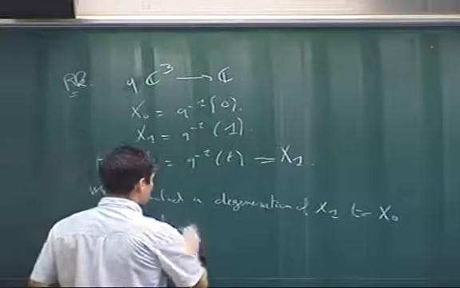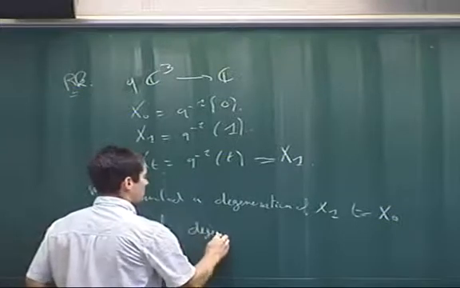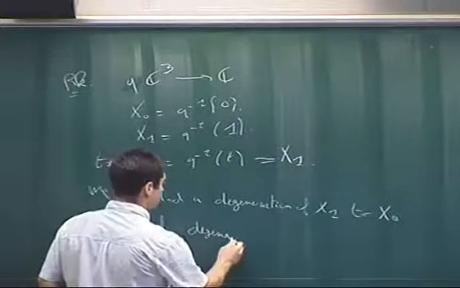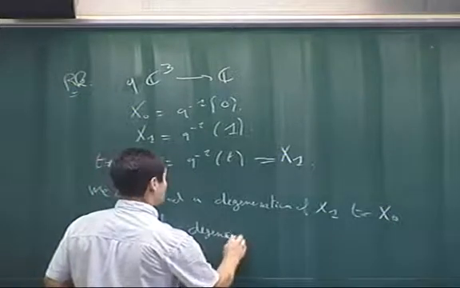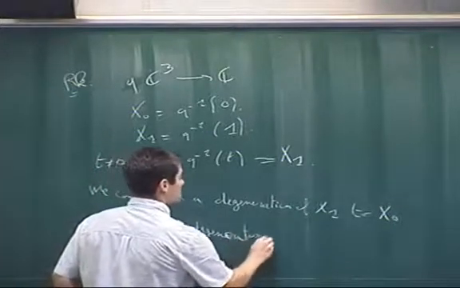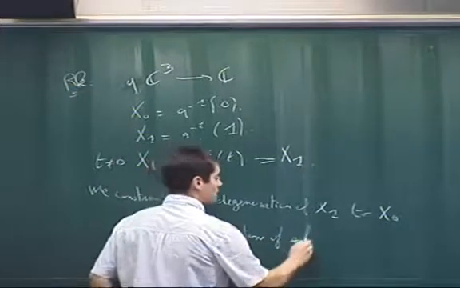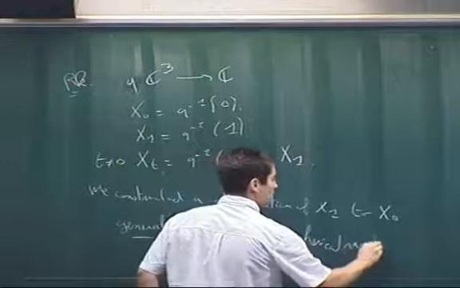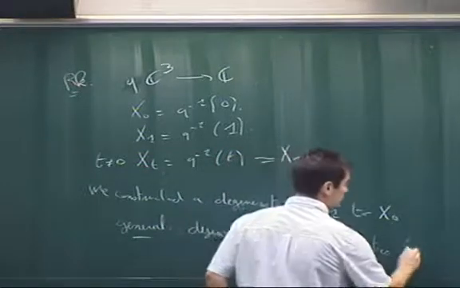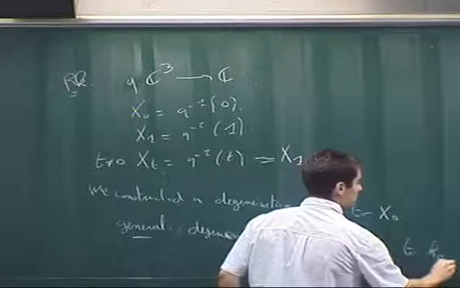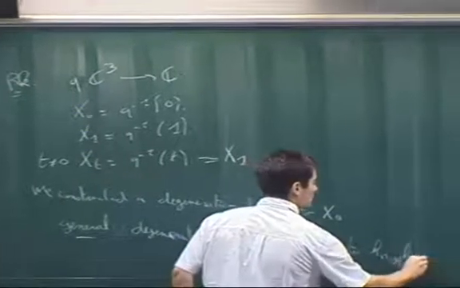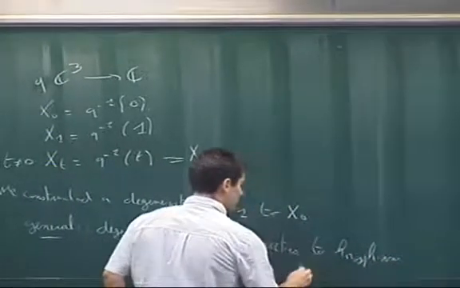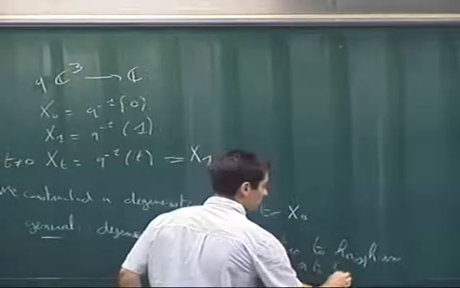So you always have a degeneration of spherical varieties to spherical varieties, or to toric varieties.